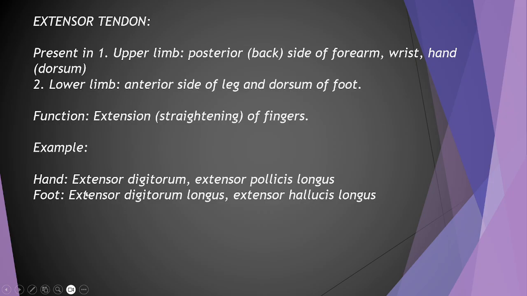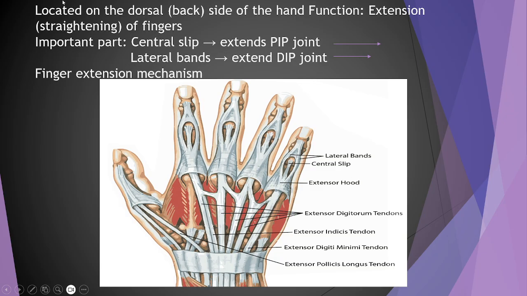So in the hand, extensor digitorum, extensor pollicis longus, and in the foot, extensor digitorum longus and the extensor hallucis longus. You can see that. Located on the back side of the hand, their function is extension, that is straightening of the finger.